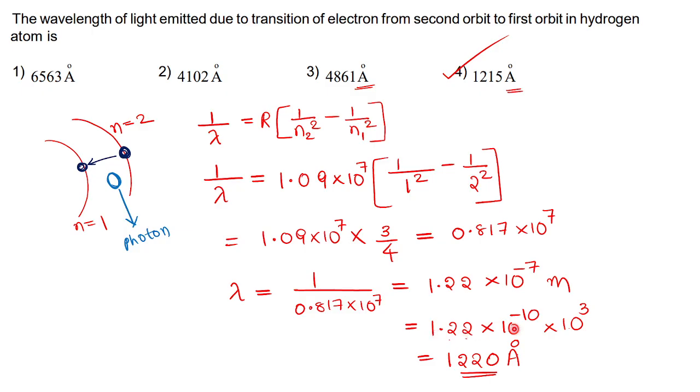Here 1.22 into 10 cube, 1.22 into 1000 will be 1220. 10 raised to minus 10 means angstrom. So 1220 angstrom, approximately option 4.